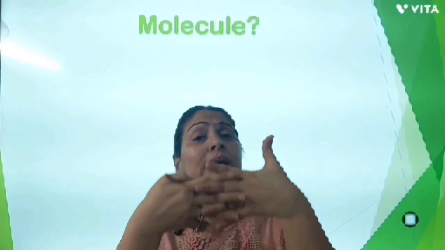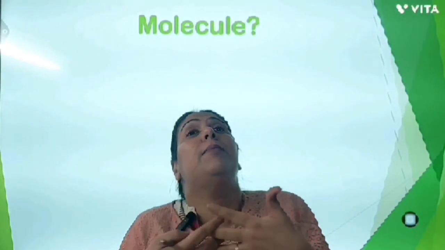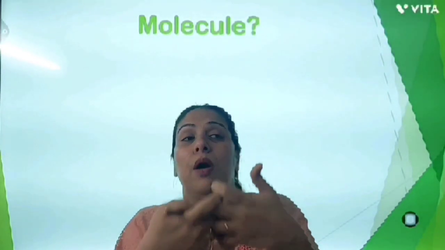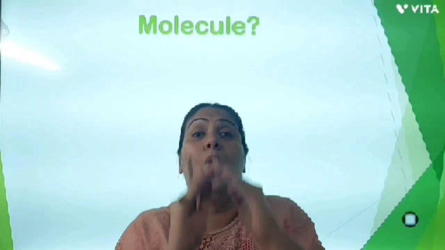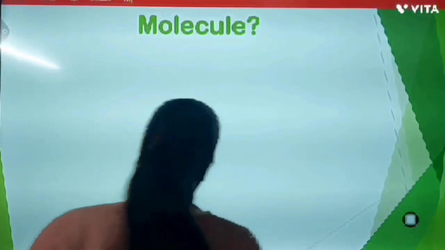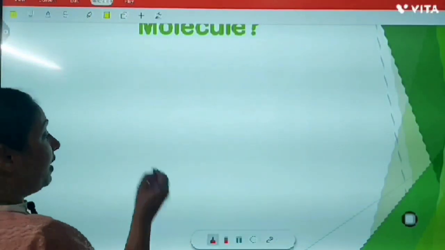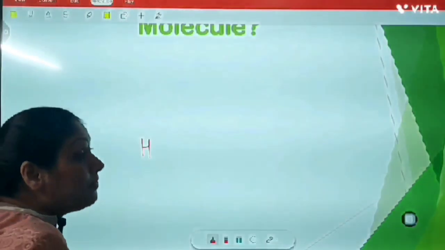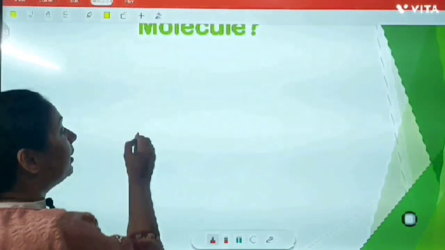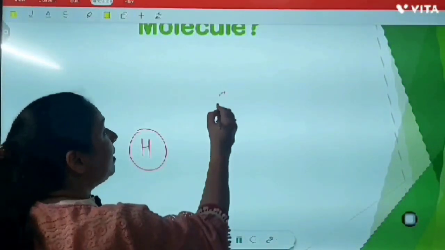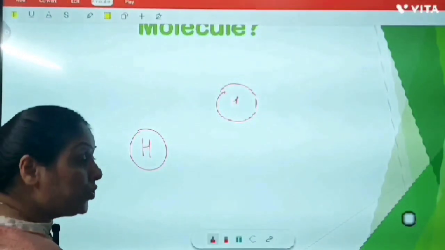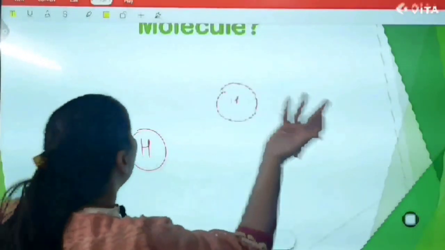Why? Simply because when two atoms come together, they may come in sync, in harmony, to form a substance that will allow it to exist in nature. For example, if I take a hydrogen atom, it just doesn't want to survive alone. There may be another hydrogen atom in nature which also does not want to survive individually.